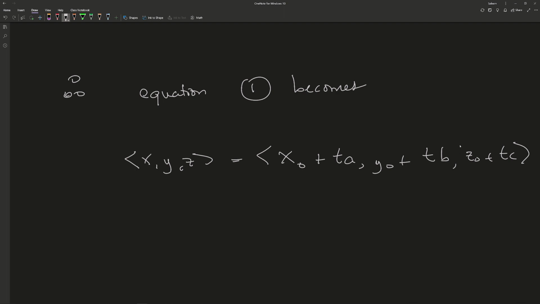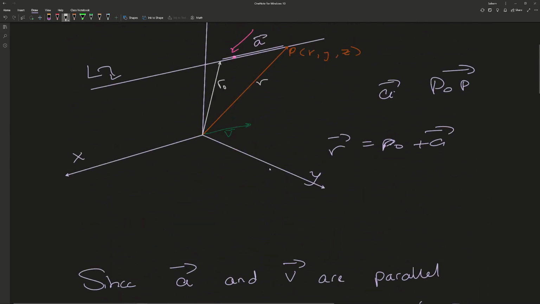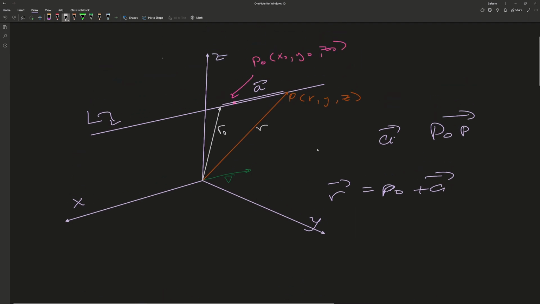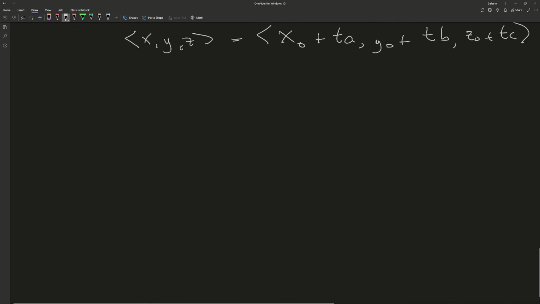So we see here now that two vectors are equal if and only if the corresponding components are equal. That's kind of important.